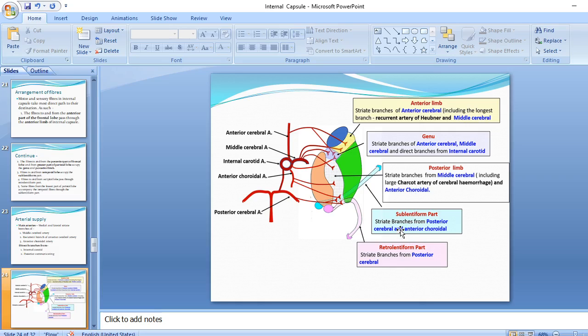The sublentiform part is supplied by a striate branch from the posterior cerebral and from the anterior choroidal. Here you can see the striate branch coming from the anterior cerebral, and here you can see the striate branch coming from the posterior cerebral.